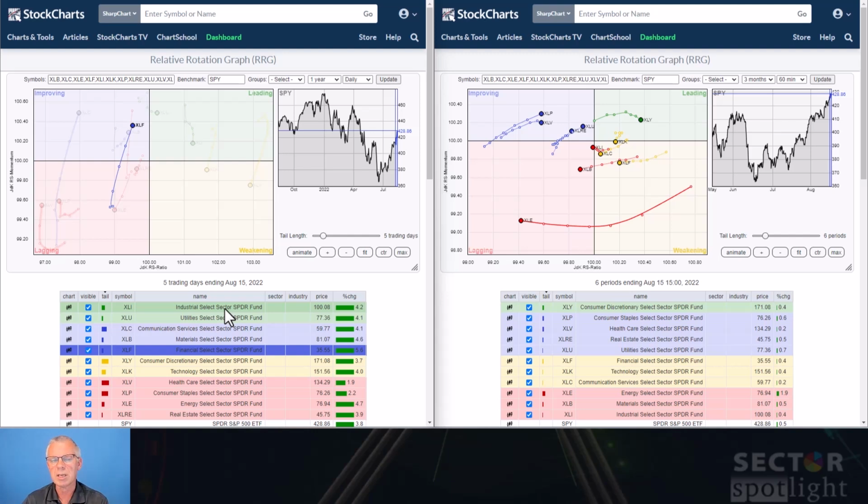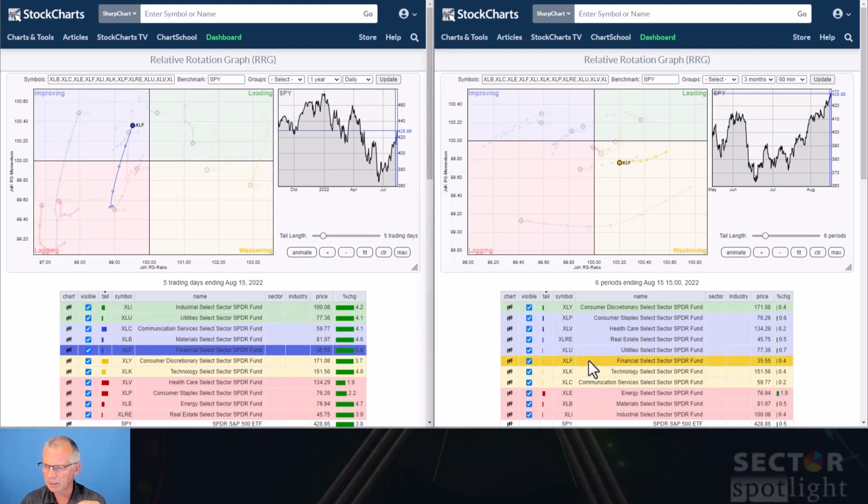So I want to see what's happening on an intraday level on the hourly chart. Now we have to find XLF here, and you can see that it is actually inside weakening and heading towards the lagging quadrant. It's a bit disappointing. However, you know that when something curls back inside weakening and back up, that's strength.